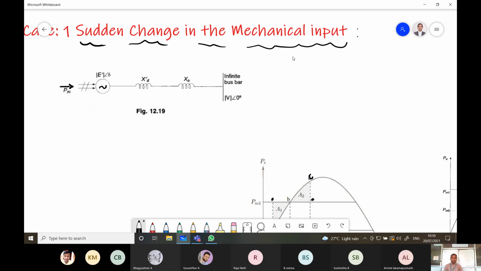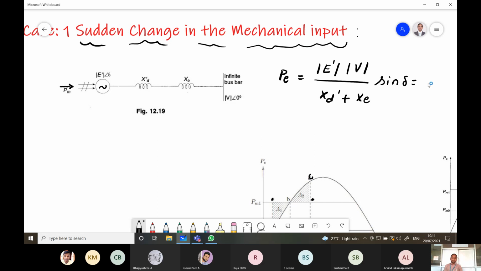So this figure shows the transient model of a single machine connected to the infinite bus. The electrical power transmitted, PE, is equal to E dash V divided by, that is, two reactances are there, XD dash plus XE, times sine delta.